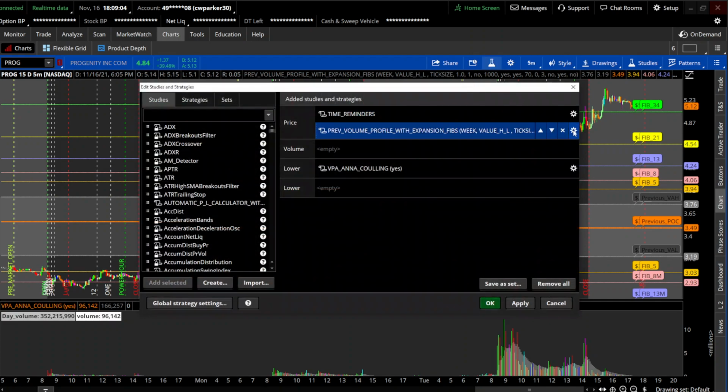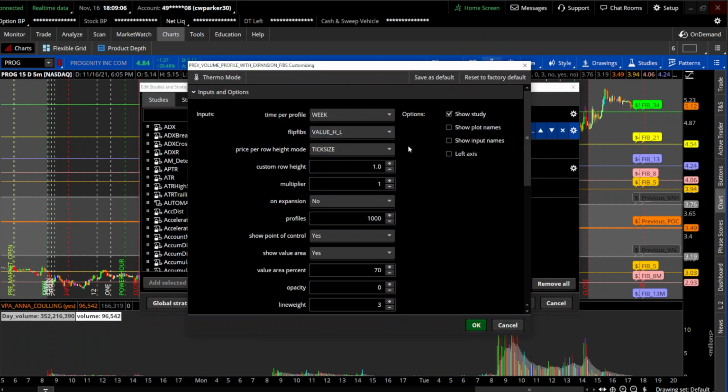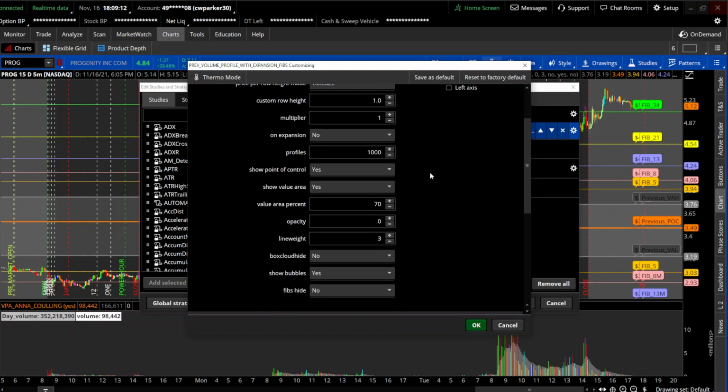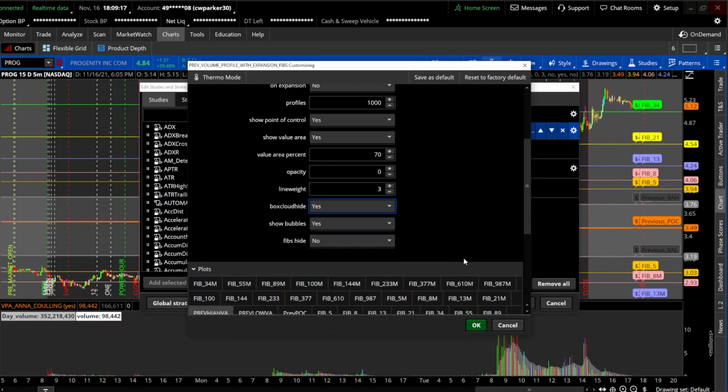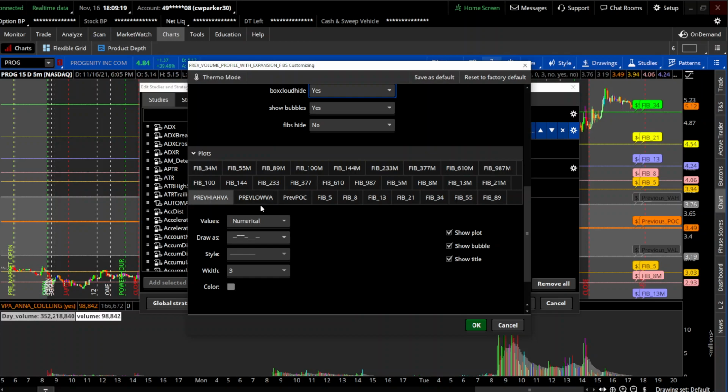If you watch the YouTube video, you can switch it up to the point of control instead of the value area high, value area low. And when I do that, I usually go down here and hide my cloud, because I'm giving priority to the point of control, and I hide those top areas for the value area high and low.